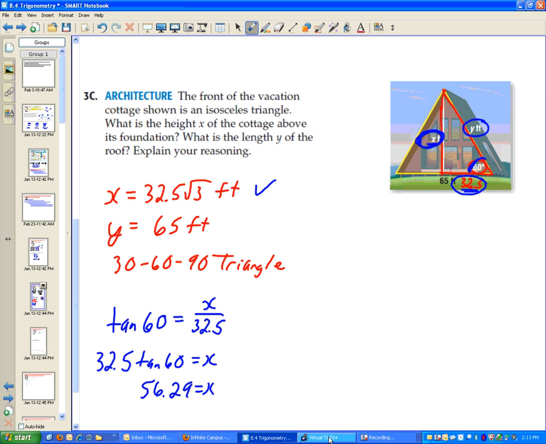So should I use sine or cosine? 32.5, is that the opposite leg or the adjacent leg? It's adjacent. So I need to use cosine, don't I? So the cosine of 60 equals adjacent 32.5 over hypotenuse. Don't get too anxious. Clear fractions.